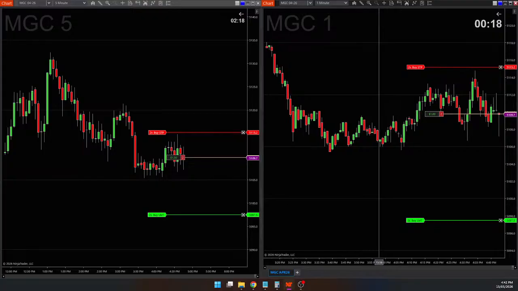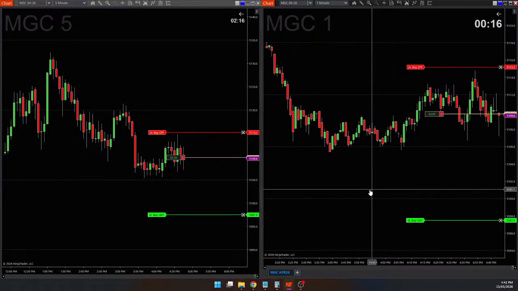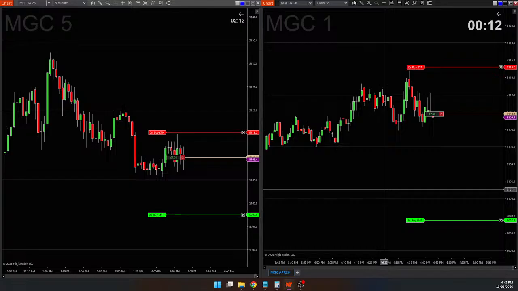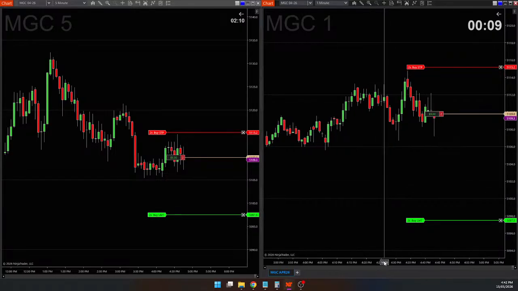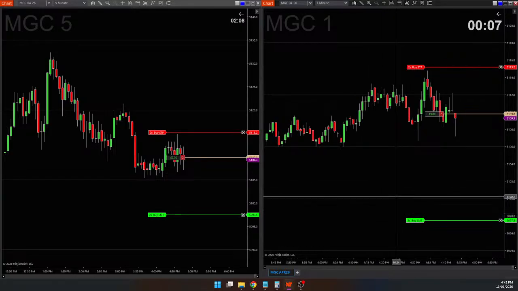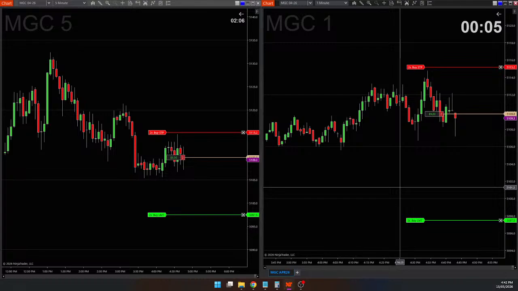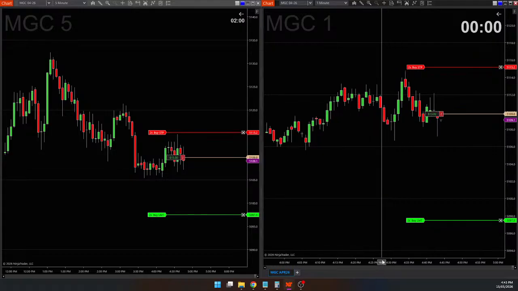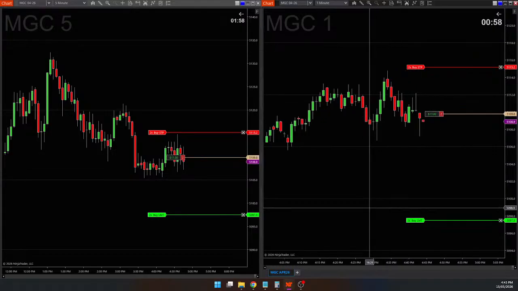Now on the 1 minute, that is a bit of a change of structure. Maybe that's what I've got to pay attention to in these very consolidated markets: there's not really any immediate structure on the higher time frames, so what does the lower say?